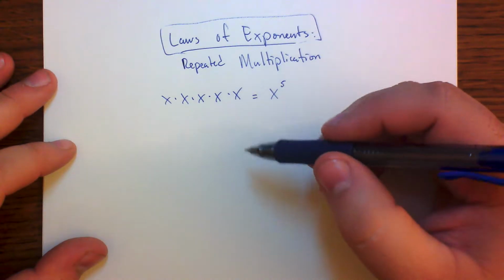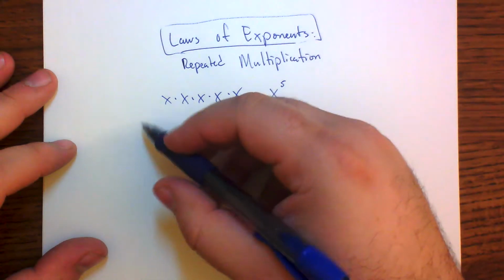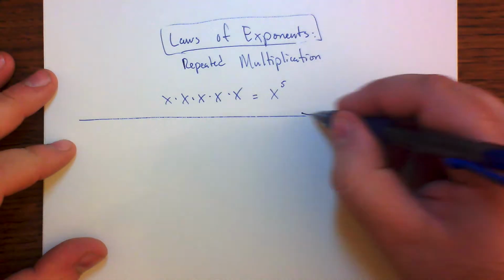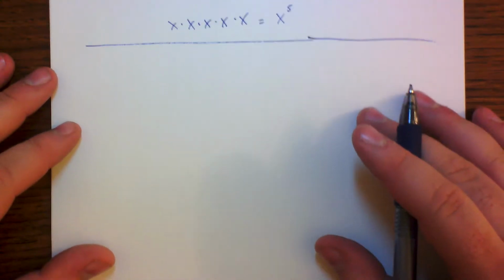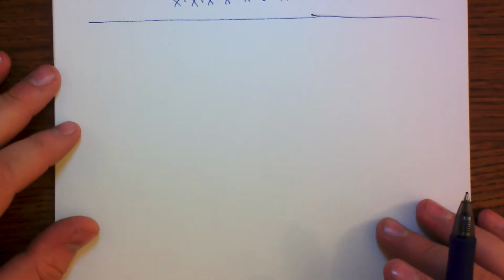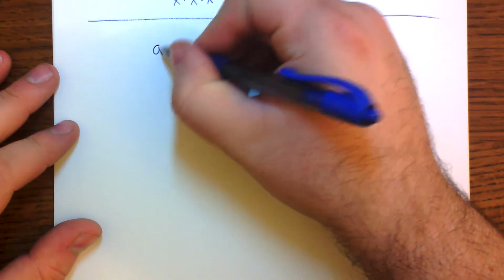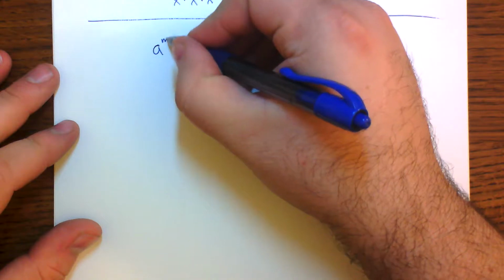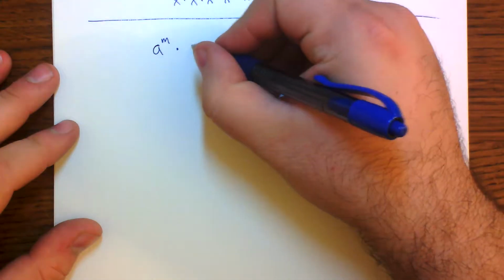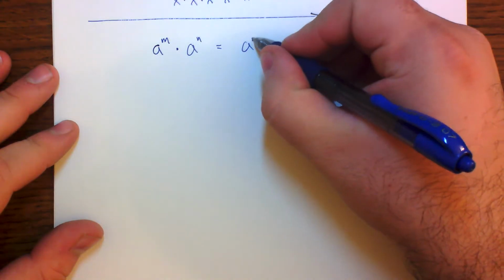One of these falls under the product rules, so to speak. The first rule is, if you have the same base, a base a raised to the m power times a to the n power, what happens is you keep your base, but you add your exponents.